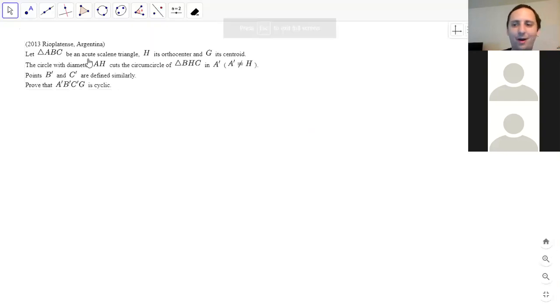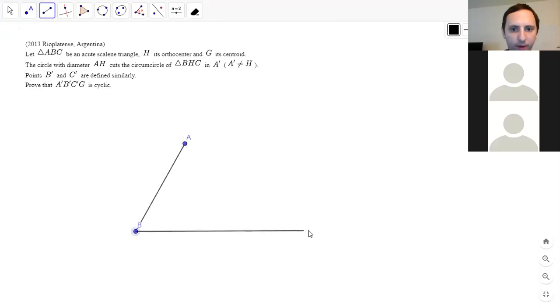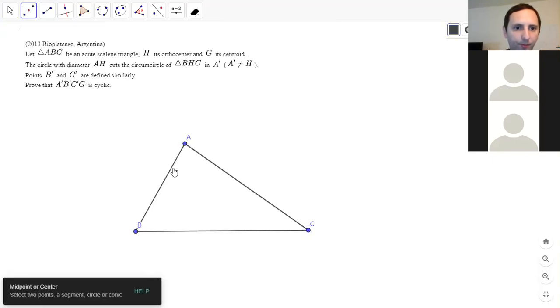Oh well. Oh, this is an interesting one. So we have a scalene triangle ABC, an acute scalene triangle. We draw the orthocenter and the centroid. So let me first draw the orthocenter.